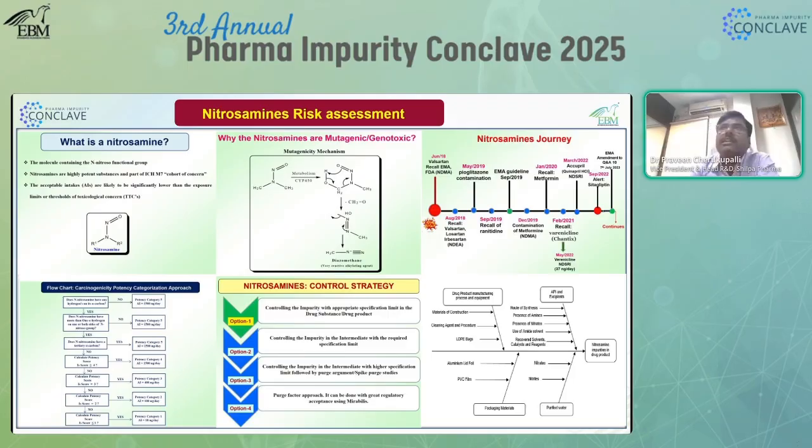Because of that, they will react with your DNA in the biological system and form adducts. But if you see the nitrosamine, nothing is reactive. There are only two alkyl groups flanked with the amine and the nitroso group. So there is no reactive site in the nitrosamine as such.